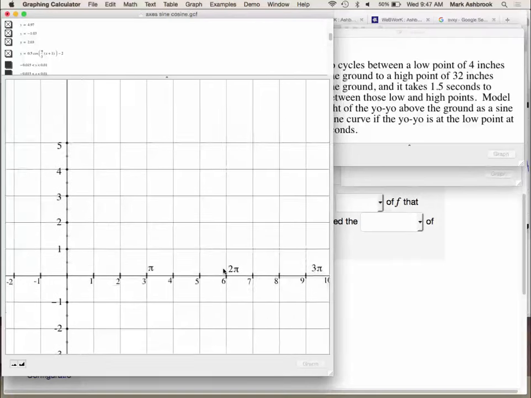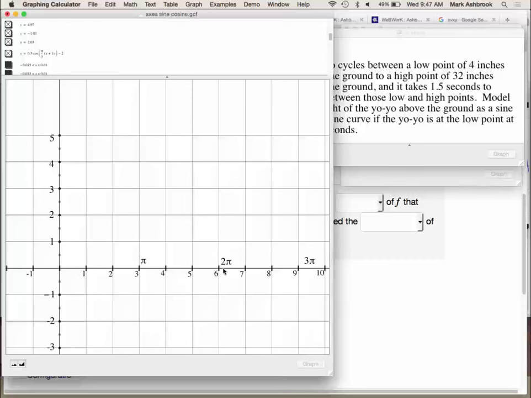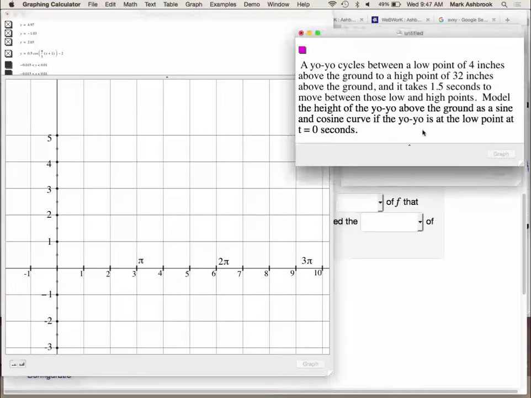So do I want pi scale or integer scale? What's going to be our x-axis quantity? Angle measure? No, time in seconds, right? So do I want pi scale or integer scale? Because it's in these increments of 1.5 seconds, right?